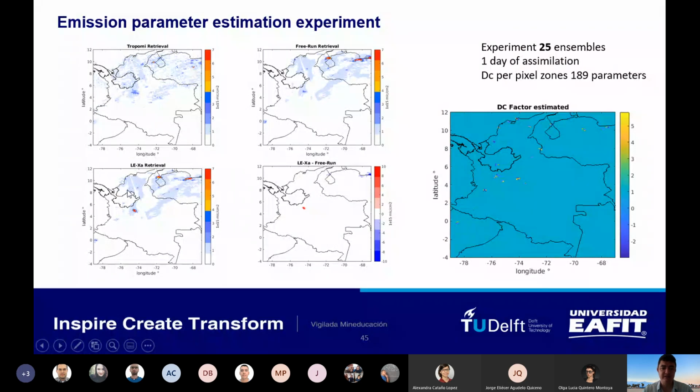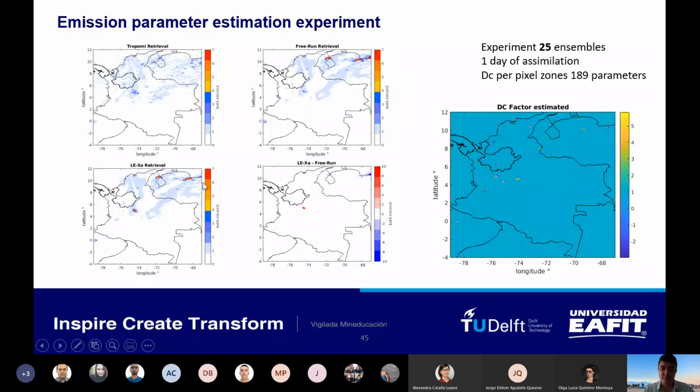Notice here, it is very important that in this area, when the TROPOMI, like the satellite, said to us that the magnitude of the concentration is not too high, you have to do something. So the assimilation understands, because the free run takes just information from the model and says, okay, this part is very high.